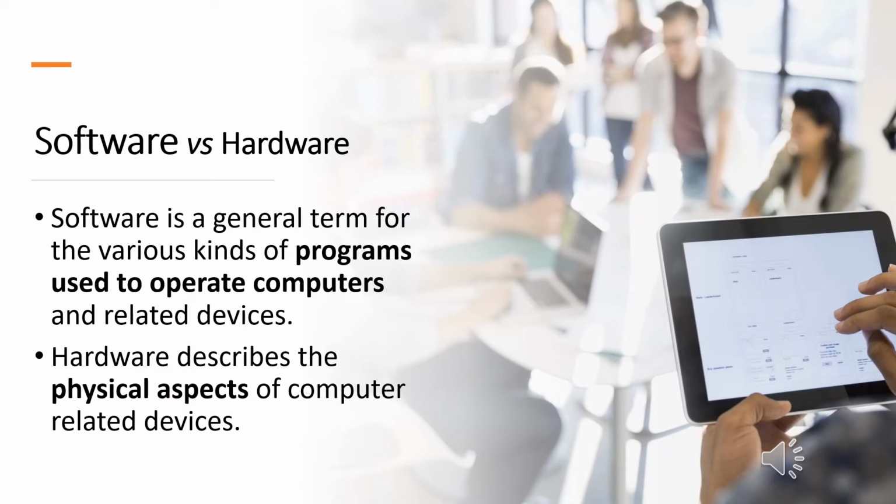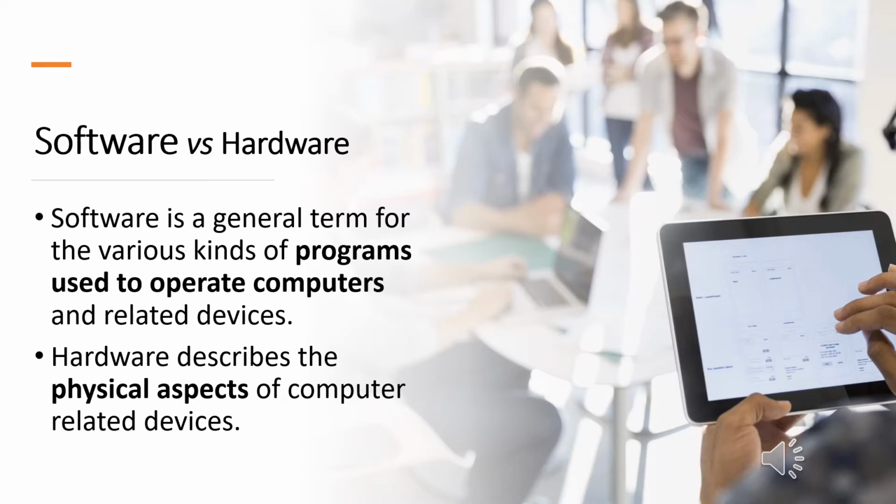The first idea discussed in your textbook is a distinction between software and hardware. Software is the general term for the various kinds of programs used to operate computers and related services. Programs used to operate computers, something that is there within.